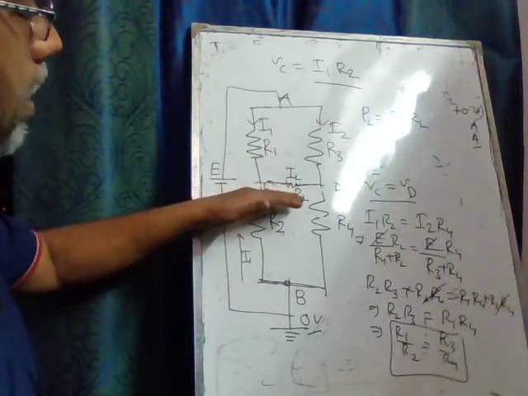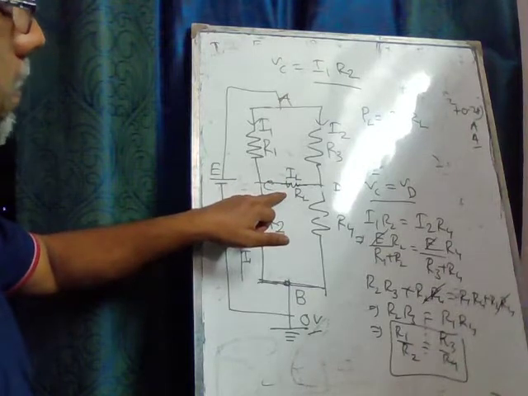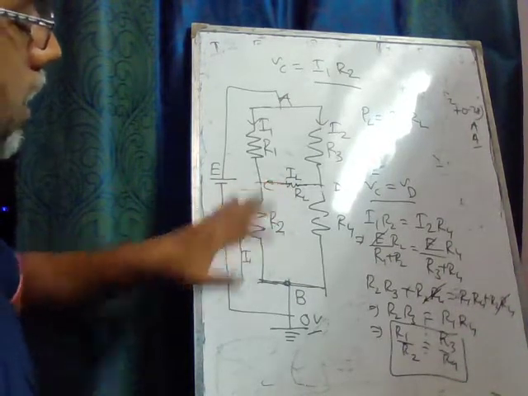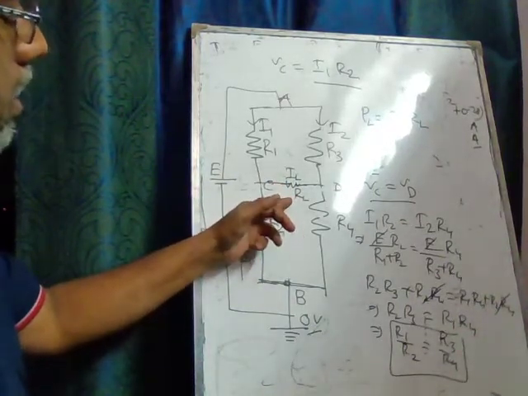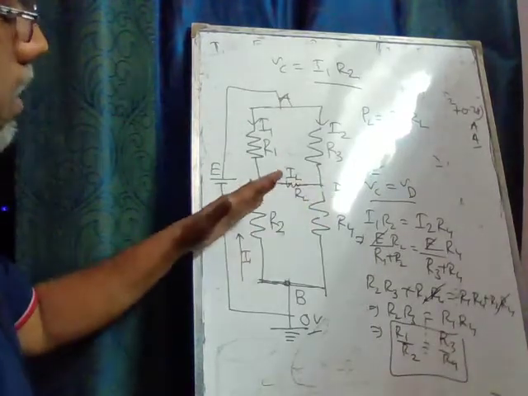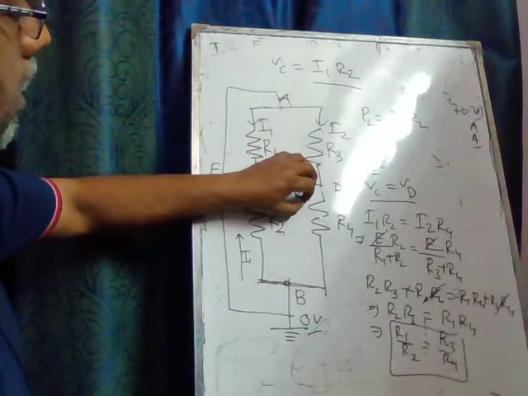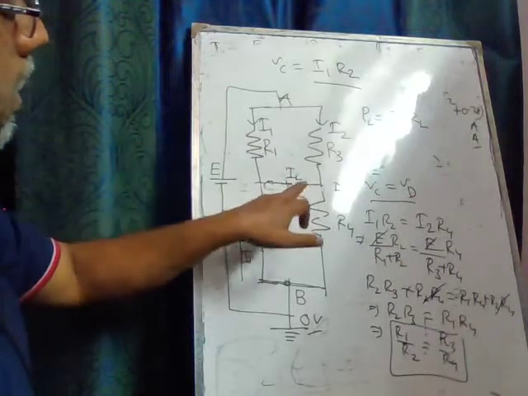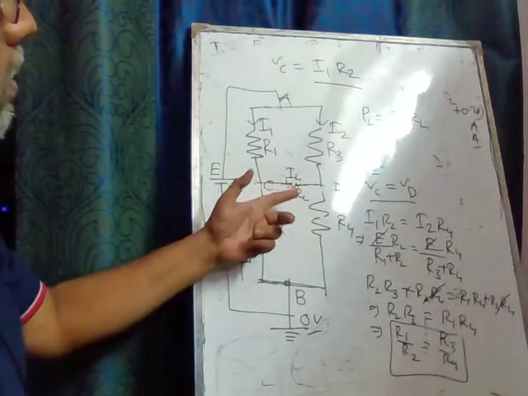And this power will be maximum for a particular choice of this RL. When this RL, the load resistance connected between the points C and D, equals the effective resistance of the circuit in the absence of RL, then the power dissipation in the load will be maximum.